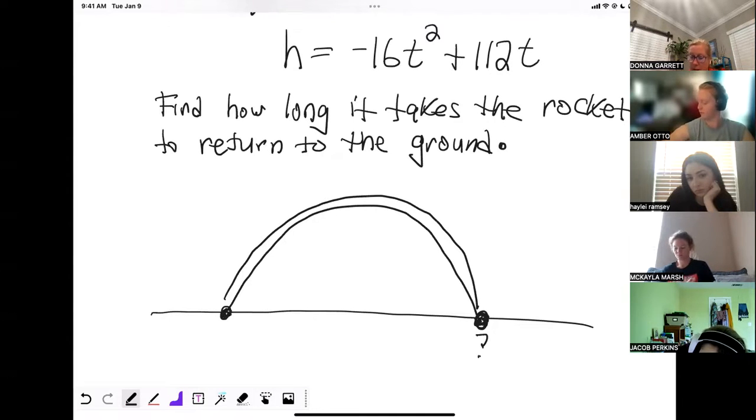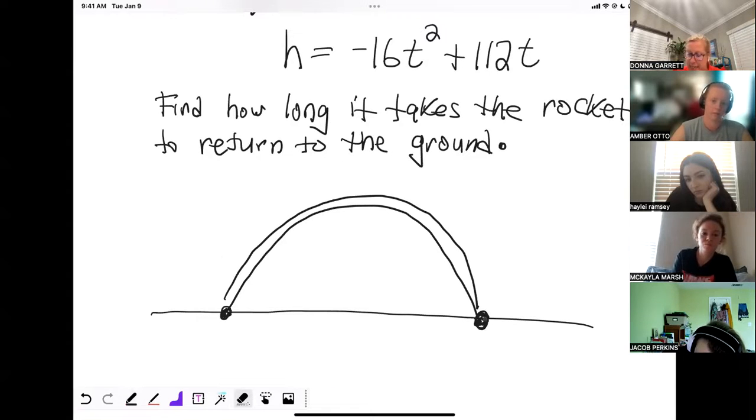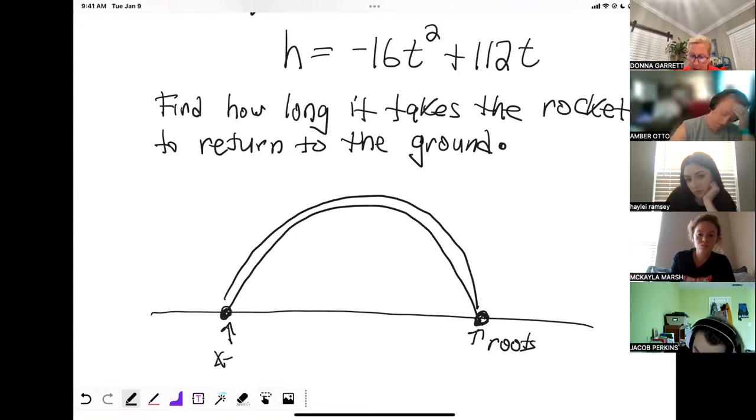They want to know how long it takes to hit the ground. That's my question mark. How long? Well, that means we need the x-intercepts. We need to know the roots or the x-intercepts. How do you find that? By factoring.